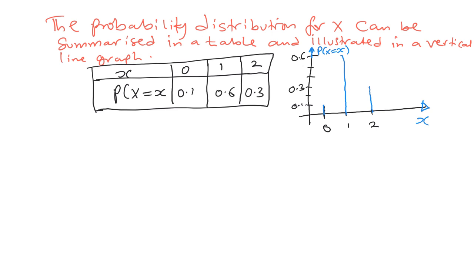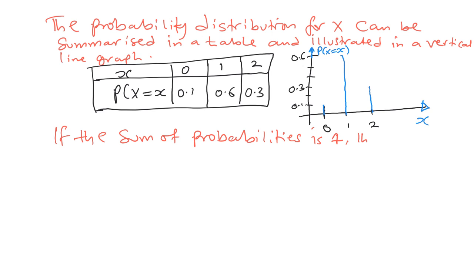Let me write this statement. If the sum of probabilities is 1, then the variable is said to be random.